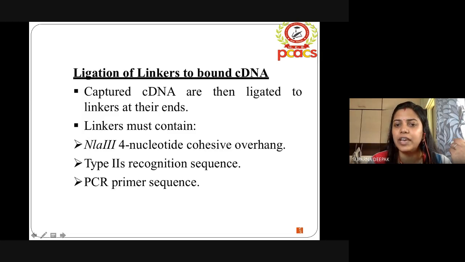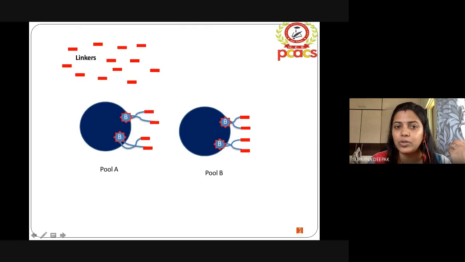The captured cDNA are ligated to linkers, because we have already seen that you have these cohesive ends, and those cohesive ends will help us. These linkers will have the same ends as the NlaIII restriction enzyme sites. So those same cohesive ends would be there for these linkers also, and that is how they would bind to it.